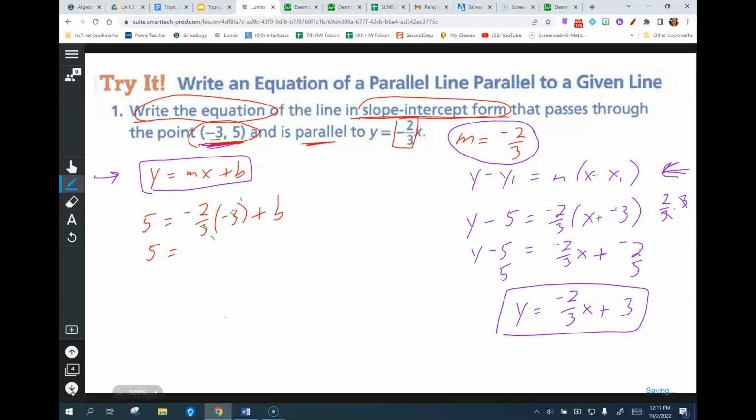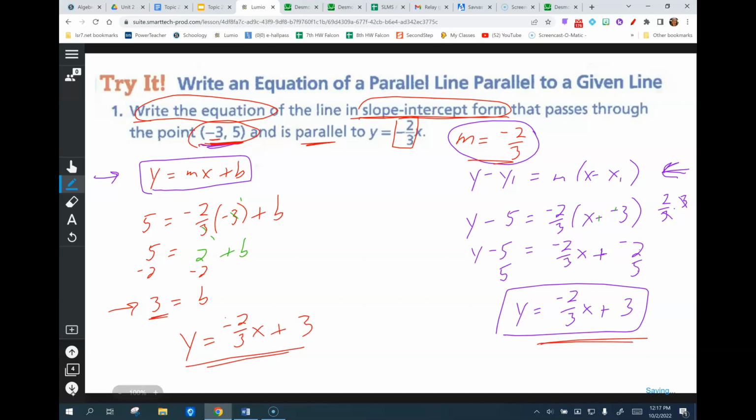So I get a positive 2 plus b. Now I'm going to subtract 2 from both sides, and I get 3 is equal to b. So there's my y-intercept. So my final equation, y is equal to my slope, negative 2/3 times x plus my y-intercept, 3. Ta-da! I got the same equation either way.